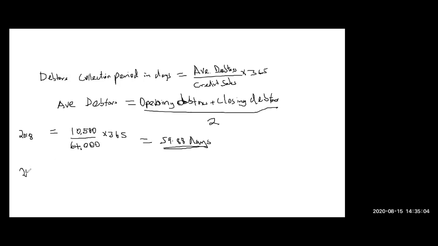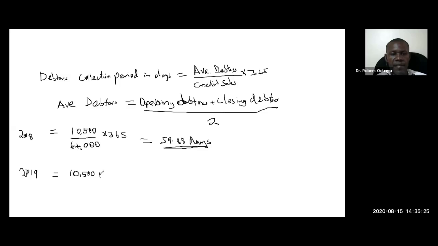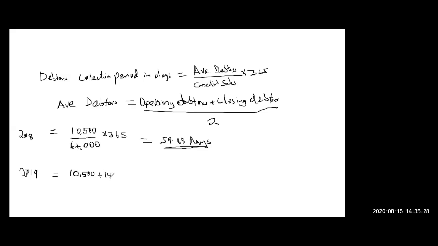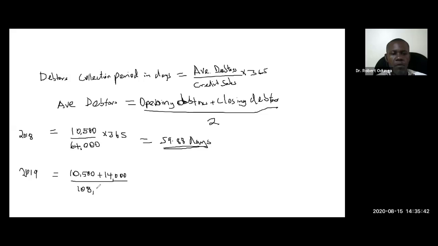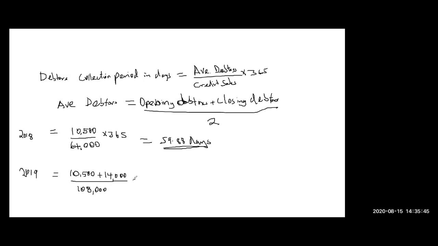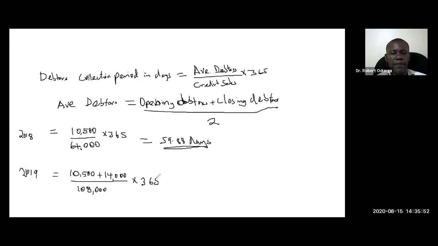For 2019, our average debtors is 10,500 plus 14,000 divided by 2, divided by 108,000, times 365.